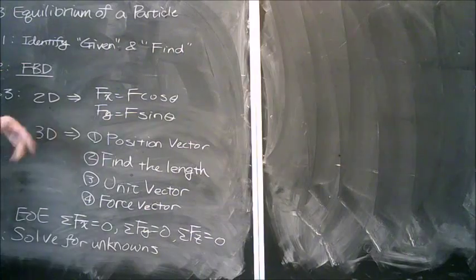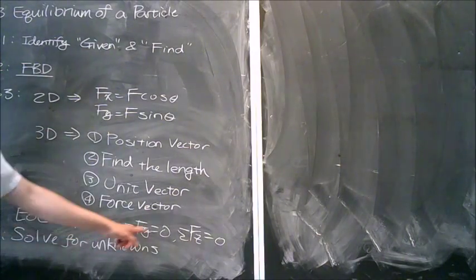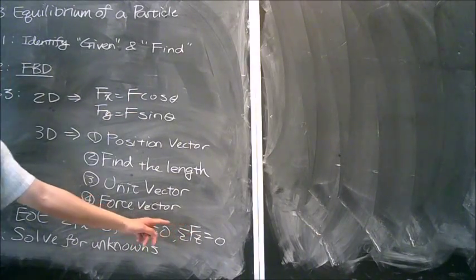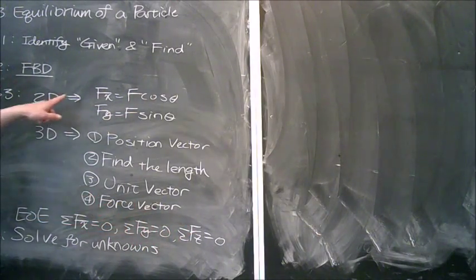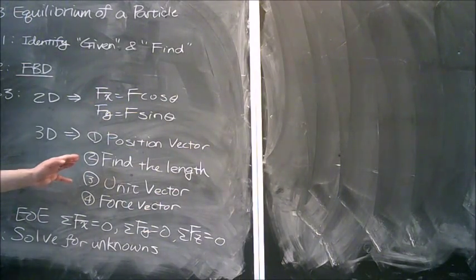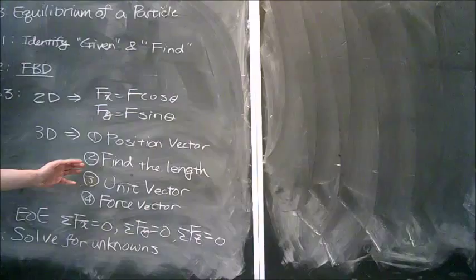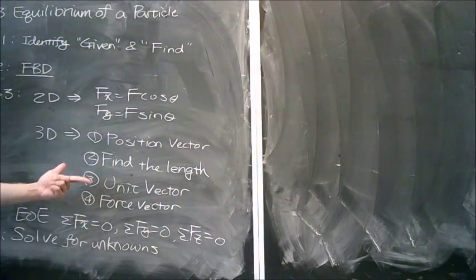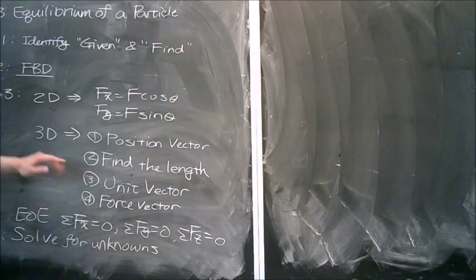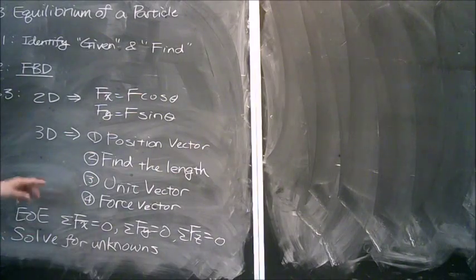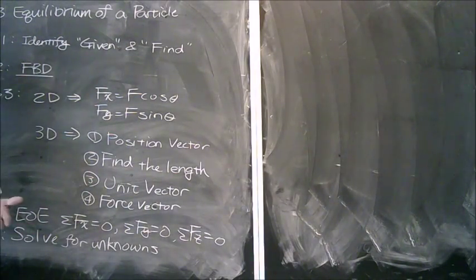No matter what you do, find out whether it's 2 equations for 2-dimensional problems, or 3 equations for 3-dimensional problems. If it's 2-dimensional, just use those 2 equations. If it's 3-dimensional, it's going to be a little bit tedious, but if you follow the procedures you should be able to find the force projected along x, y, and z. Then over here, it's going to be a little bit tricky because sometimes you might have 2 forces, sometimes you might have 4 forces.